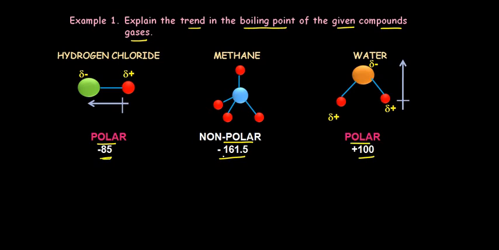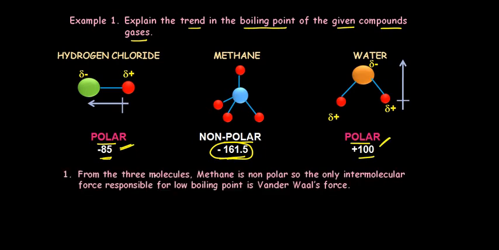Now out of these three boiling points, methane has the lowest boiling point of minus 161.5 degrees compared to the other two polar molecules, hydrogen chloride and water. So let's understand why it is. From the three molecules, methane is a non-polar molecule.